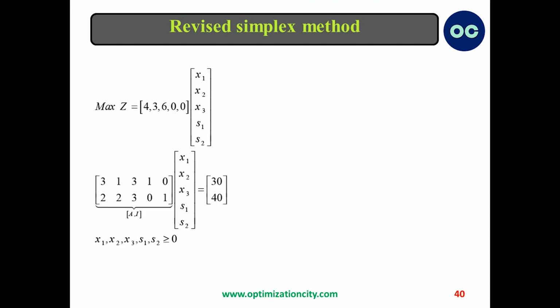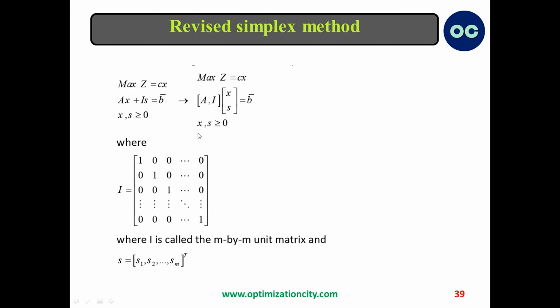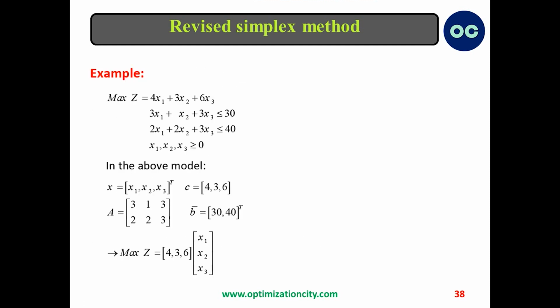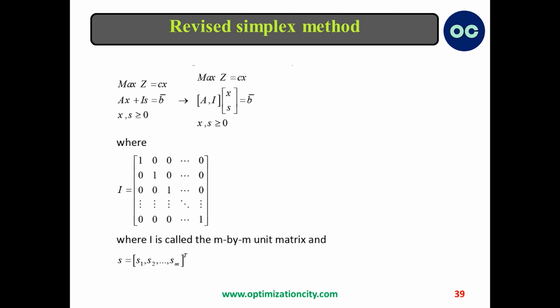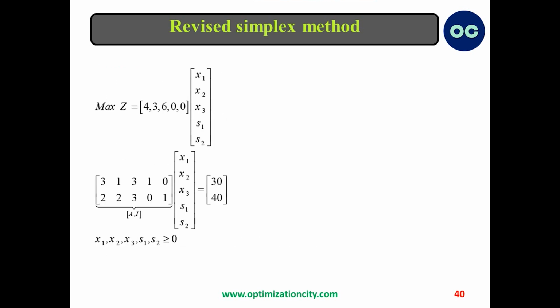Let's talk about this model a little bit more. After adding the slack variable s, you can display the model as follows. The number of basic variables is the same as the number of constraints. So we have 3 variables, 2 slack variables, and 2 constraints here, which means m is equal to 2 in this case.